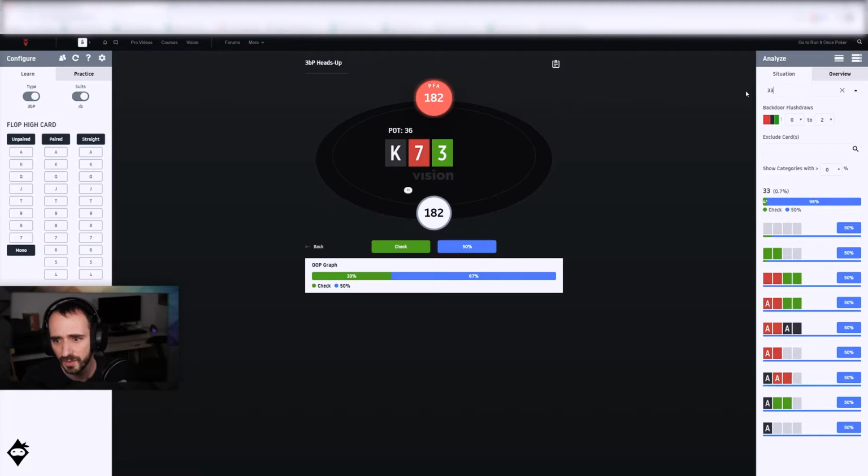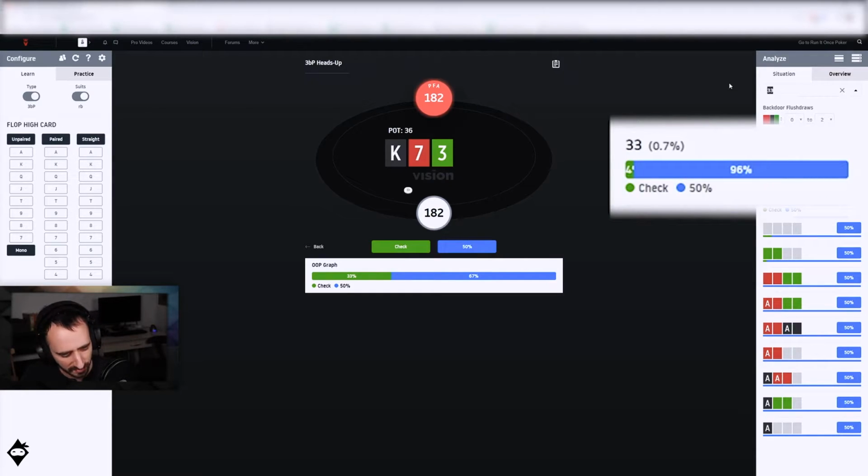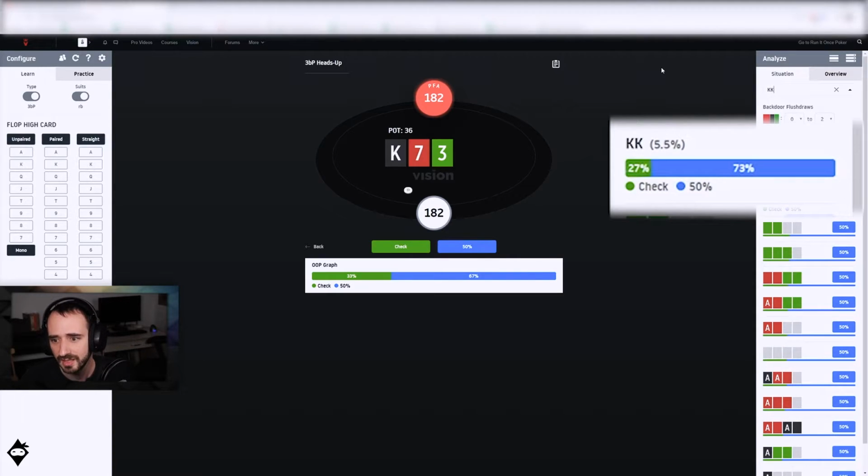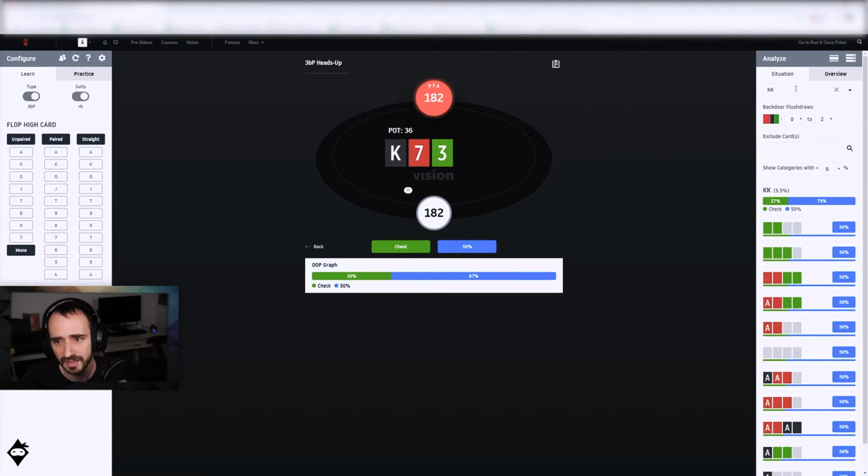So we'll start with pocket threes betting 96%, pocket sevens betting 95%, and pocket kings betting 73. Now 73 is fairly close to 67. So a bit like Hold'em, the hand's going to be similarly represented. And we have, I think, a decent idea about why.